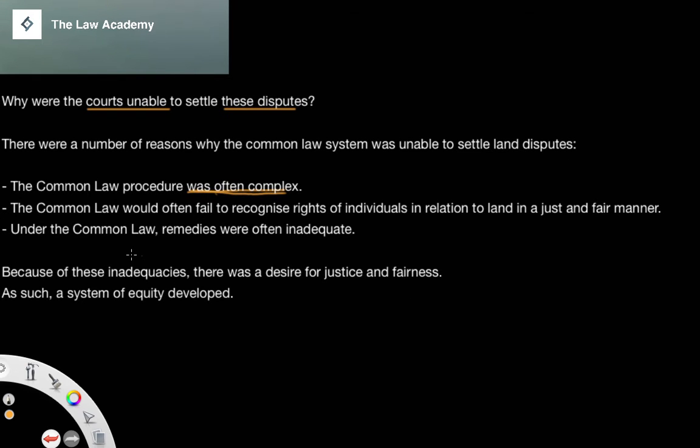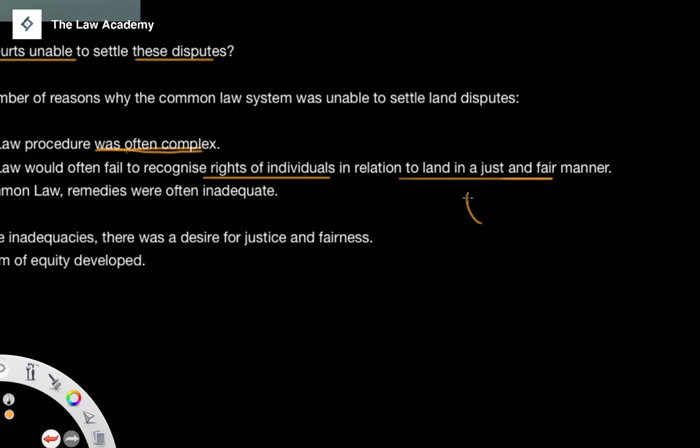The common law would also fail to recognise the rights of individuals in relation to land in a just and fair manner. So there was often a sense of injustice when it comes to land law.